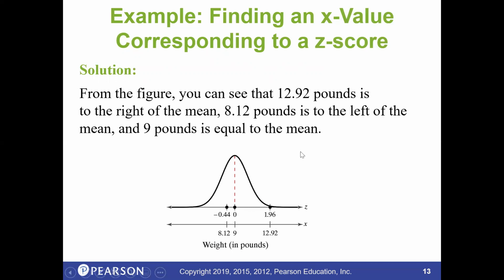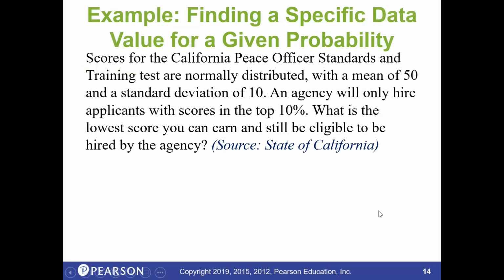All right, all yours for this one. Scores for the California Peace Officer Standards and Training Test are normally distributed. The mean is 50, so you have to score 50 to be right at the average, and the standard deviation is 10.